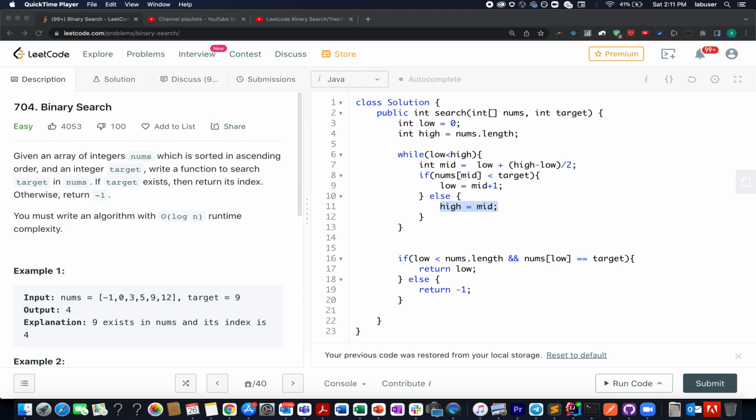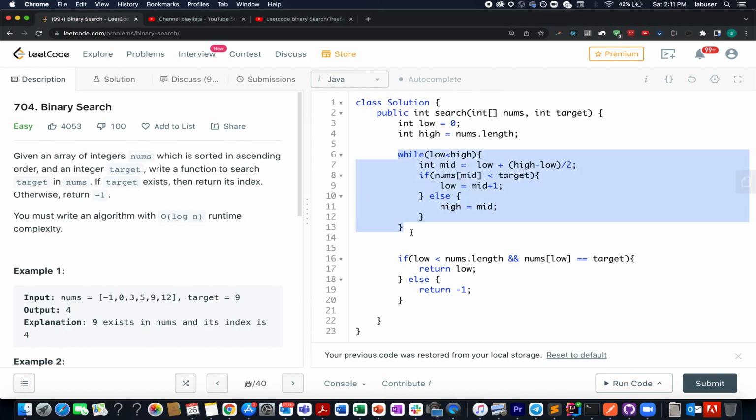Now comes the interesting part. So this is pretty simple and straightforward. We have been doing this kind of an approach across plenty of questions in the past. The interesting part here is if that number doesn't exist, what will happen? The scenario could be either low points to 0 or low gets beyond or equal to nums.length.